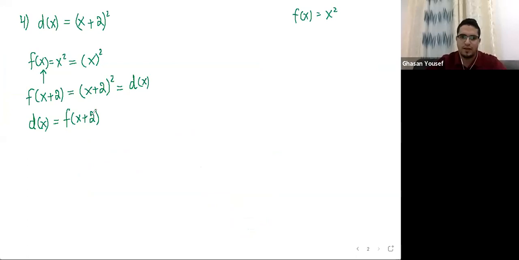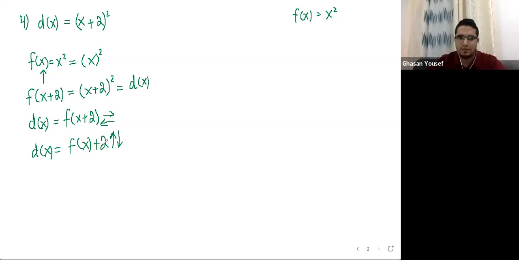Same thing here. If we look back, number 2 is outside the function, but here d of x is not the same as before: f of x plus 2 has the 2 inside the parentheses.